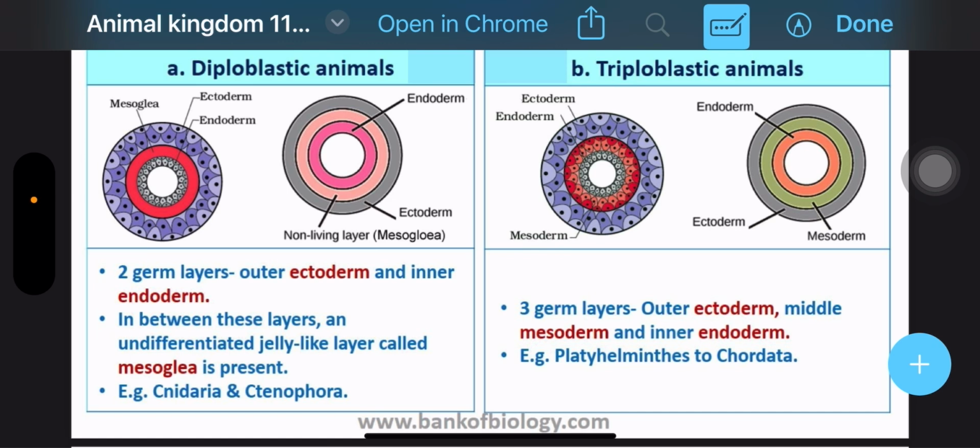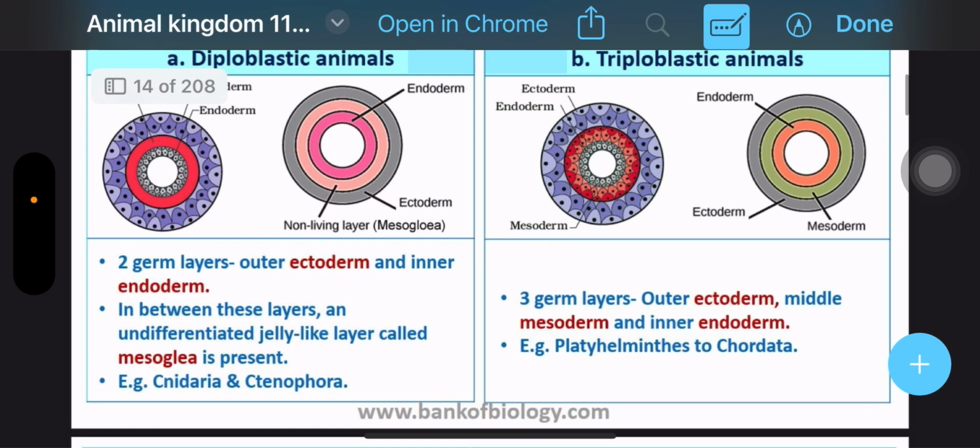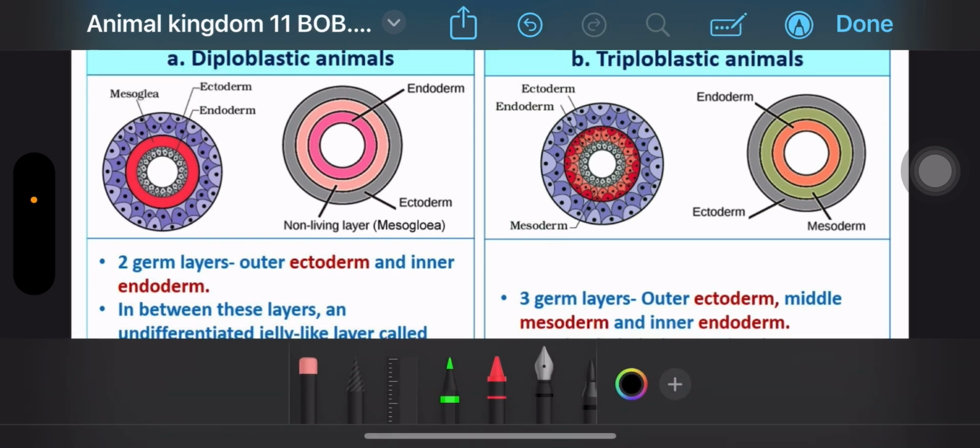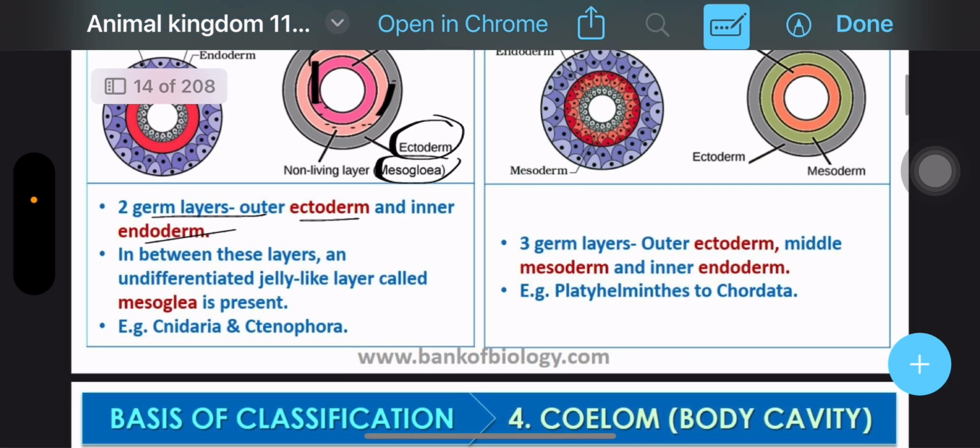In between these layers is an undifferentiated jelly-like layer called mesoglea. This term is important. In the picture, see ectoderm and endoderm, and in between the jelly-like structure called mesoglea.